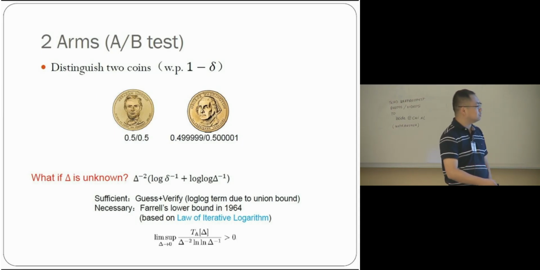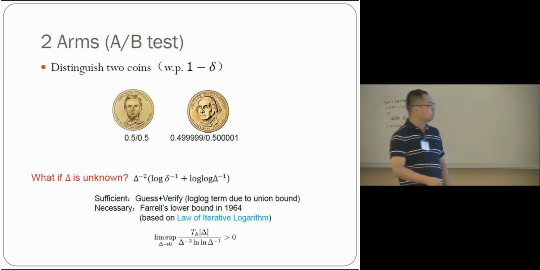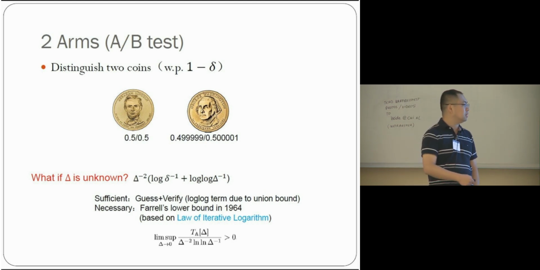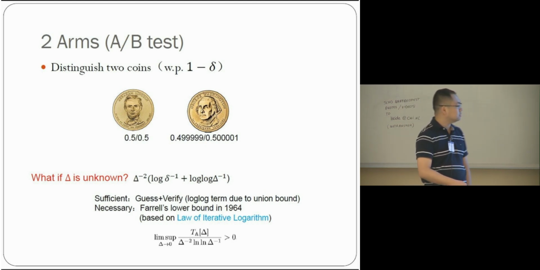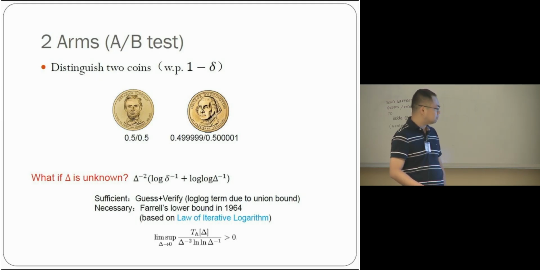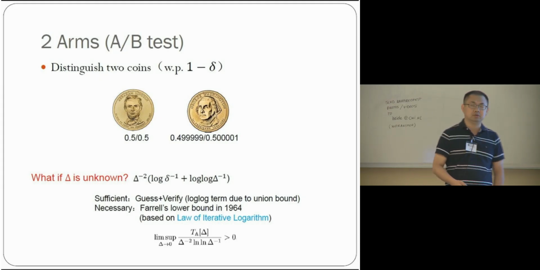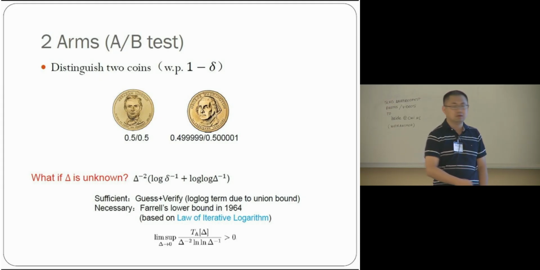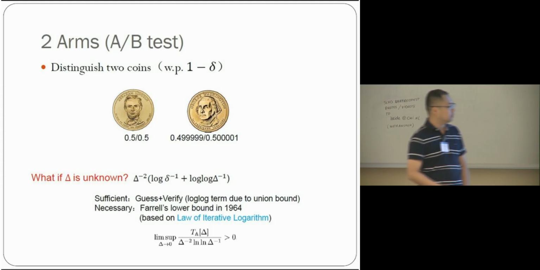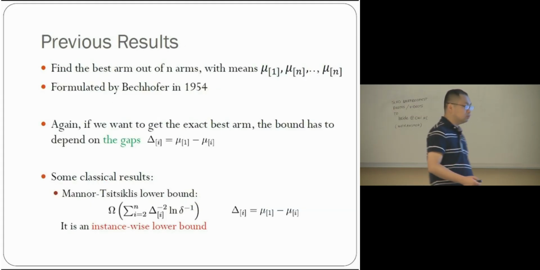This log-log term is due to the union bound over all the iterations. It's also possible to prove that this bound is necessary, and this was proved by Farrell in the 1960s. The underlying reason is the law of the iterated logarithm, where this log-log comes from.